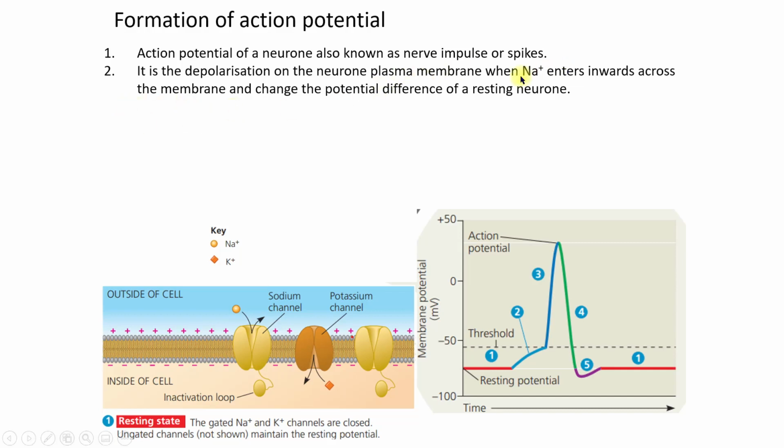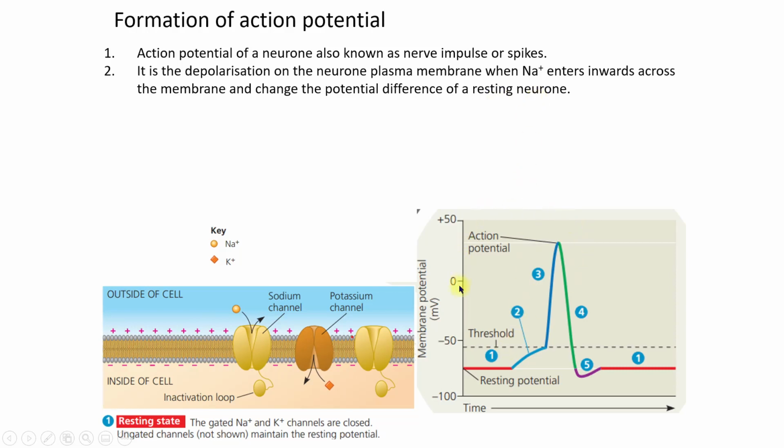So how does the neuron plasma membrane become depolarized? It becomes depolarized when sodium ions enter inwards into the cytoplasm across the membrane and change the potential difference of a resting neuron.